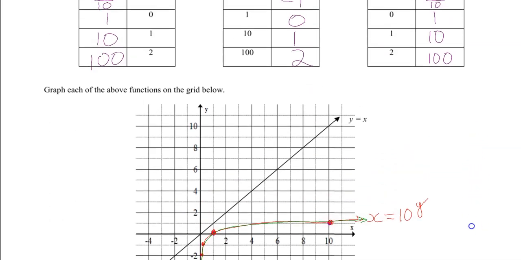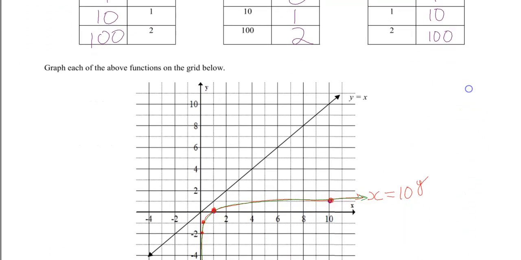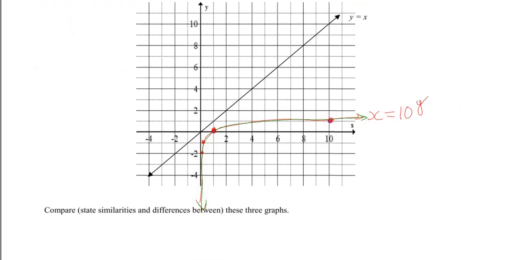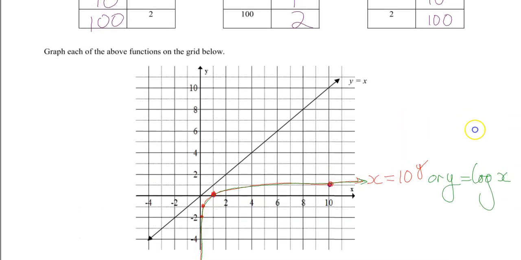What is this? Y is equal to log x. So if they're the same, then those two expressions must be the same, right?